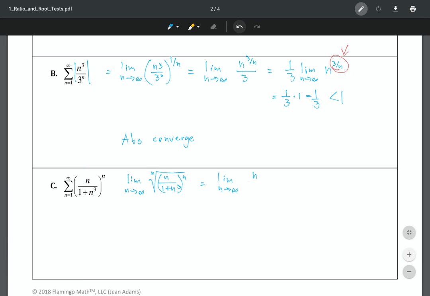So I have n over 1 plus n cubed. If we take the limit as n goes to infinity, using it the same way as the horizontal asymptote rules, this would be 0. And according to this, if it's less than 1, then it absolutely converges.